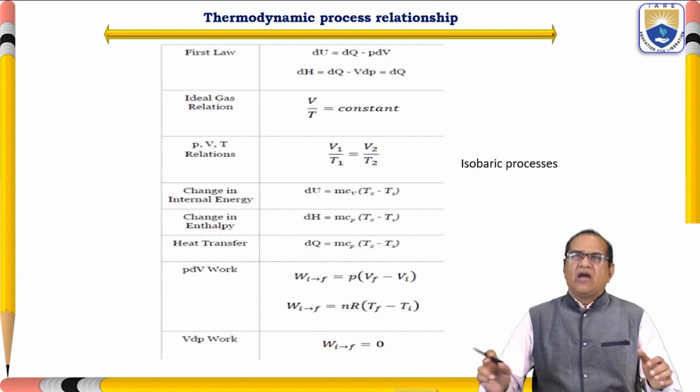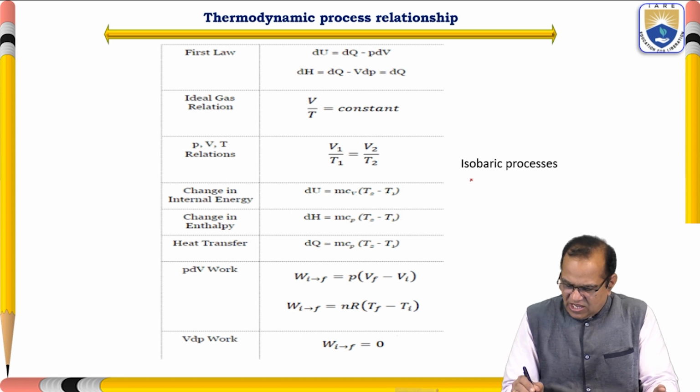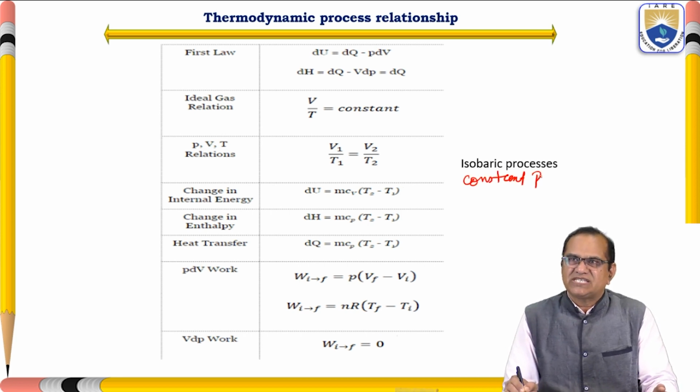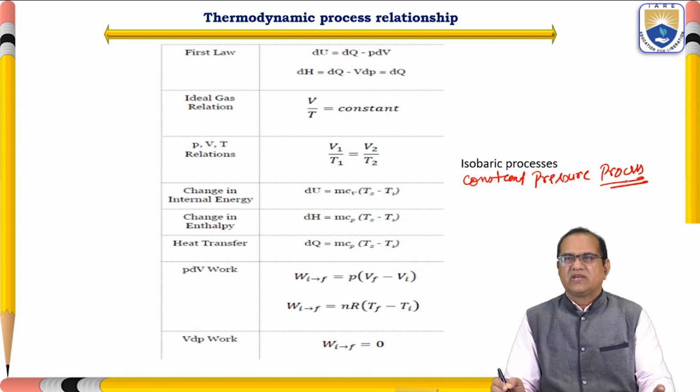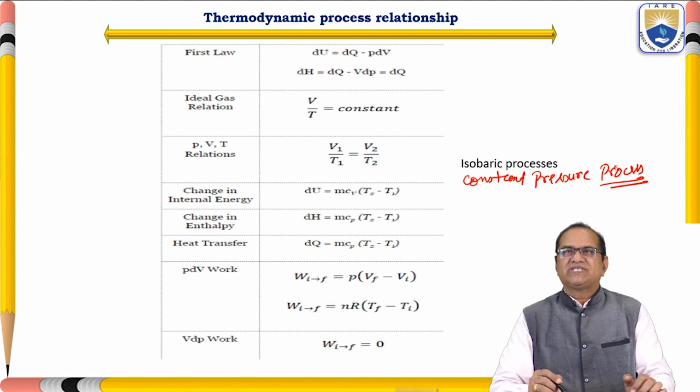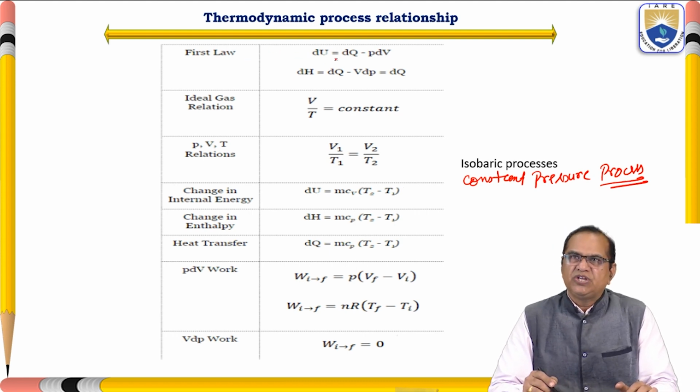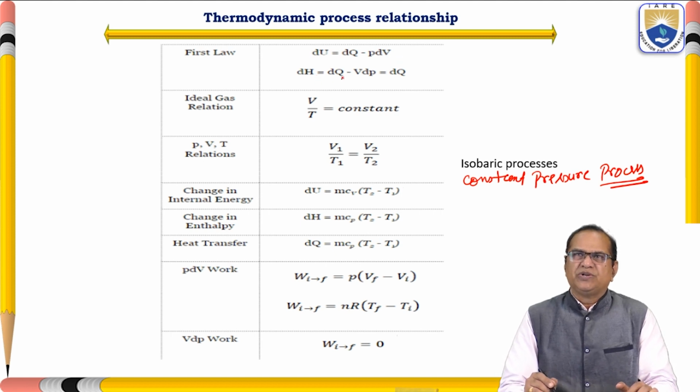And so I will go for the isobaric, that is the constant pressure process. So here we will see the first law: du is equal to dq minus PdV, dH is equal to dq minus VdP, which is equal to dq.